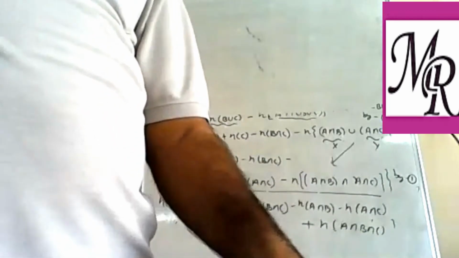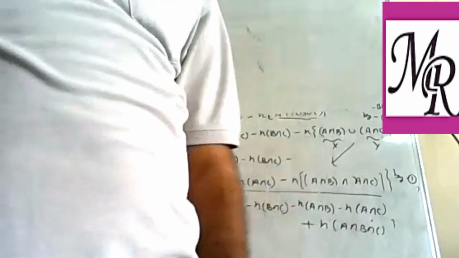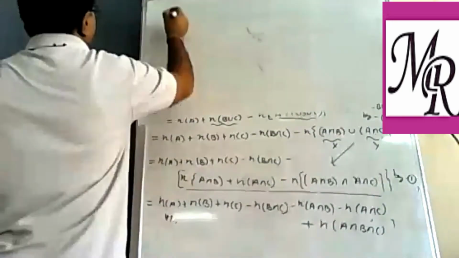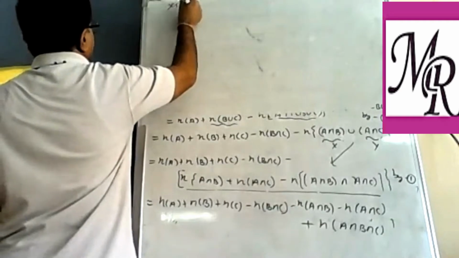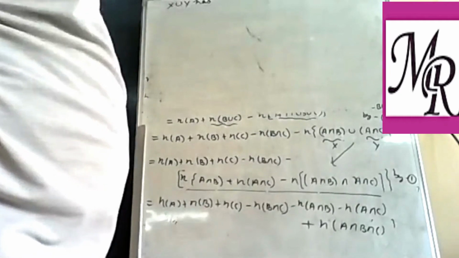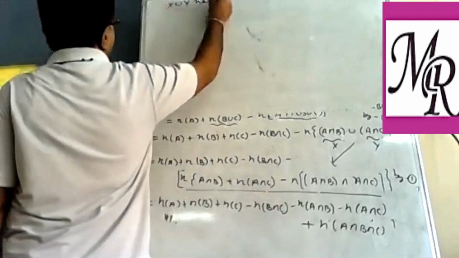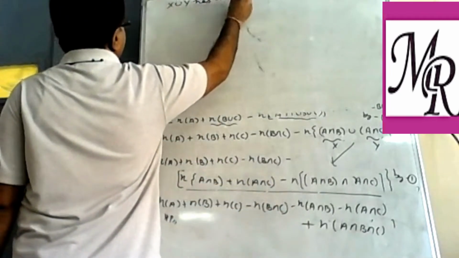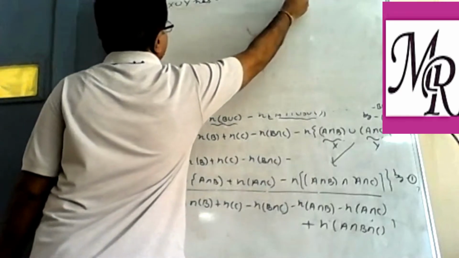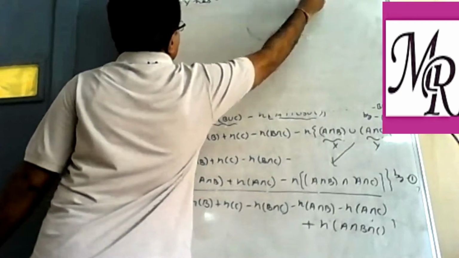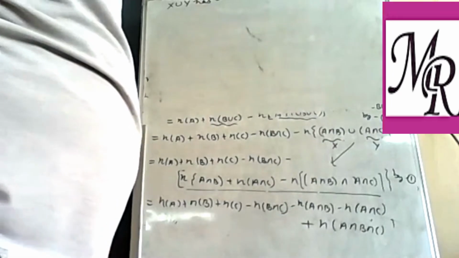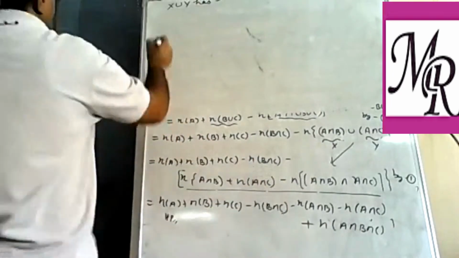Twenty-third example: if X and Y are 2 sets such that X union Y has 50 elements, so we can write the number of elements in X union Y equals 50.